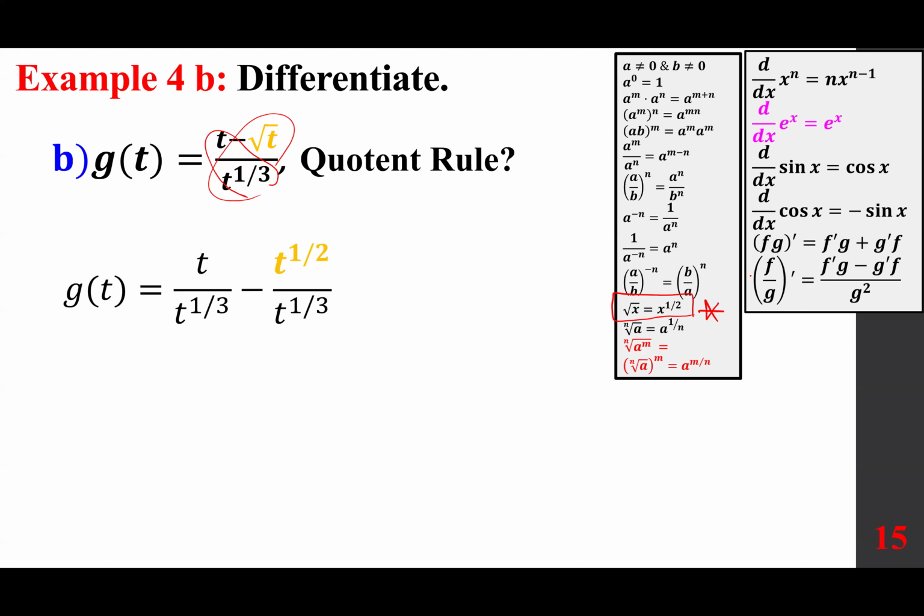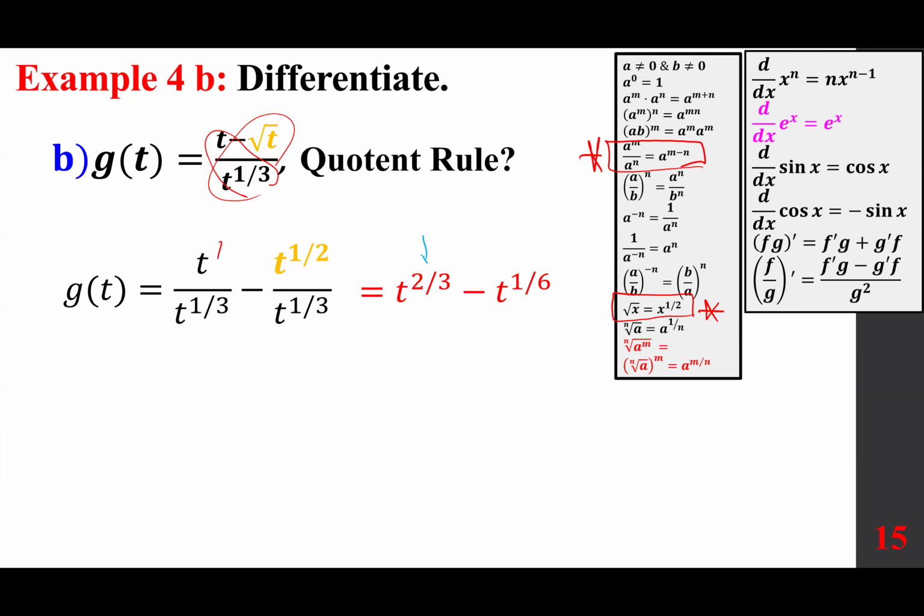So this is your algebraic step. The next algebraic step uses the quotient rule for exponentials. This has exponent 1. So t to the power of 1 minus 1/3, minus t to the power of 1/2 minus 1/3.